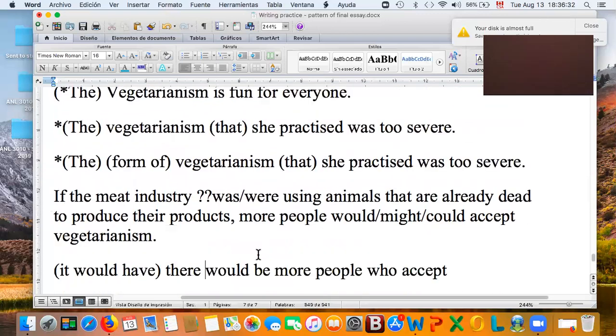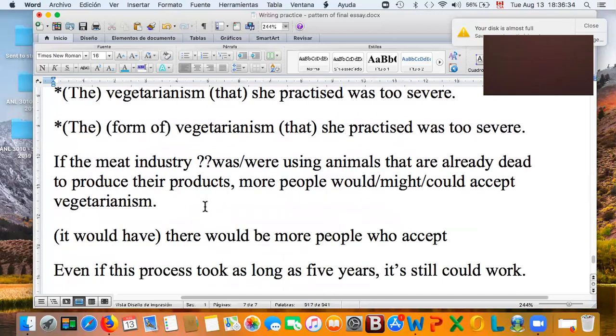Let's go down to the other one. If the meat industry were using animals that were already dead to produce their products, okay, that's interesting. More people would, might, could, but of course not may, not shall, etc., accept vegetarianism.